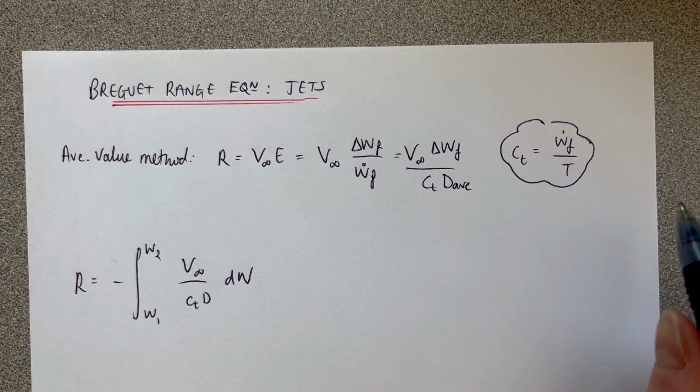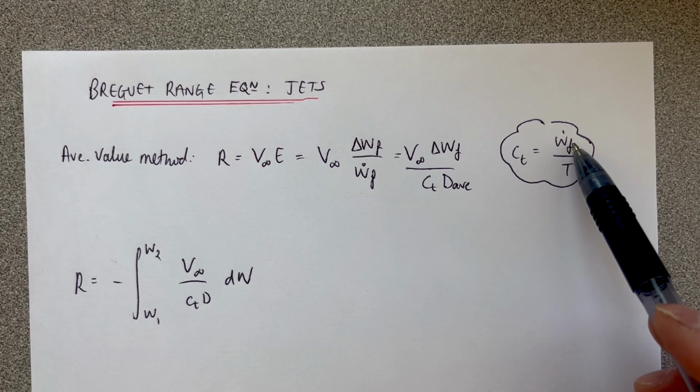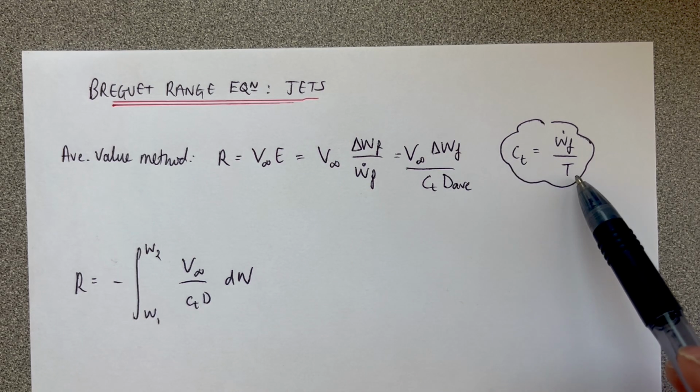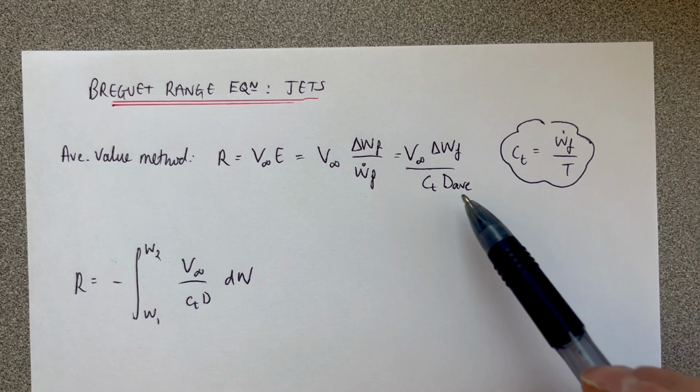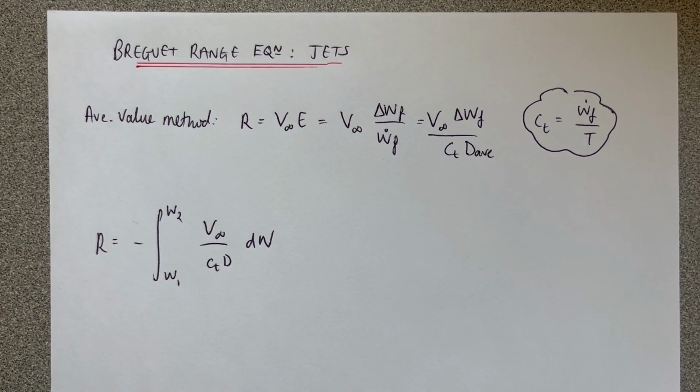So basically what I've done here is I've replaced WF dot in the denominator with CT multiplied by T, and then used the assumption that thrust is equal to drag. That gives us our starting point for our Breguet range equation derivation.